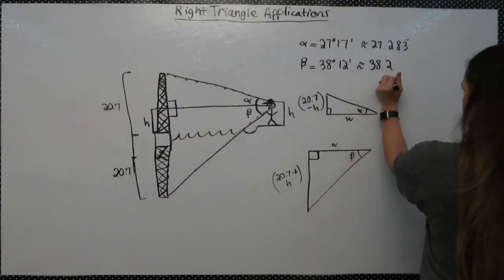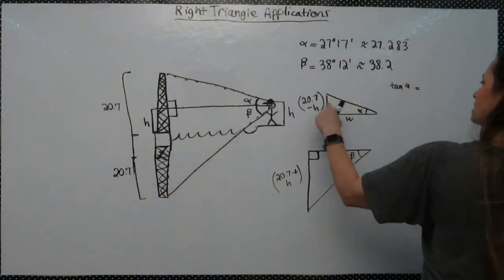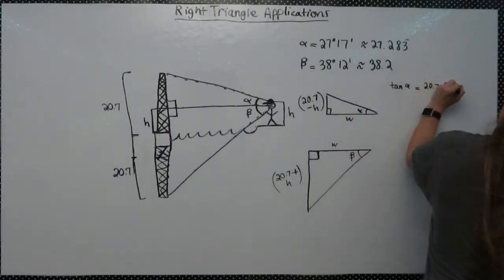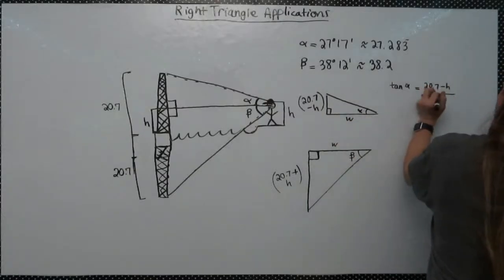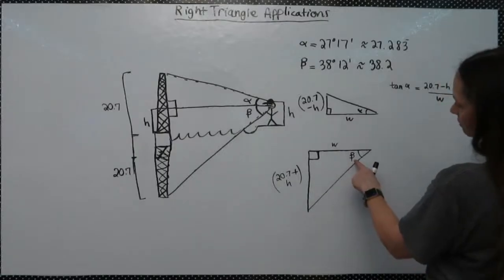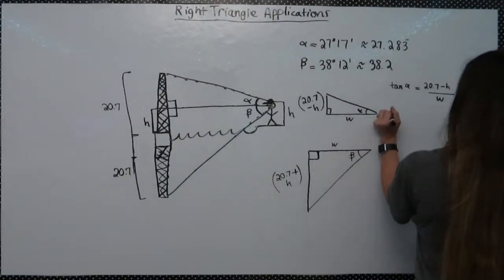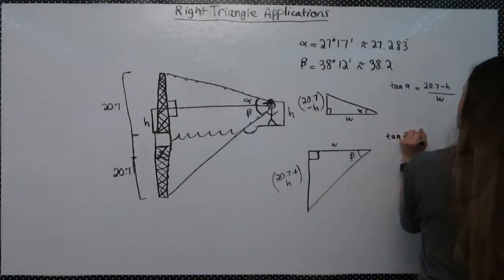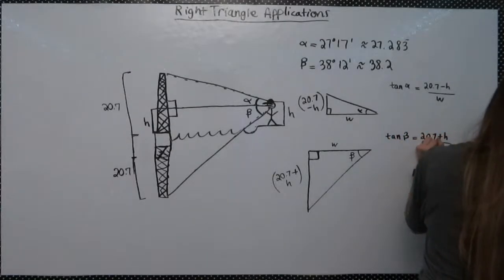So tangent of alpha equals its opposite, which will be 20.7 minus H, divided by the adjacent, which is W. And the same thing for beta, opposite over adjacent: tangent of beta equals 20.7 plus h divided by w.